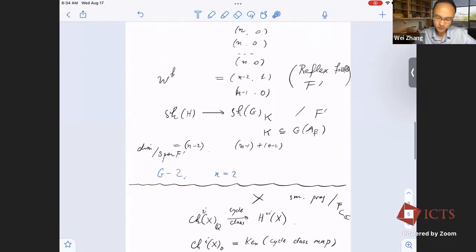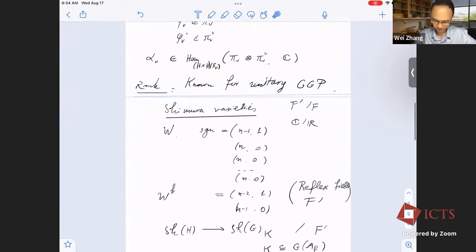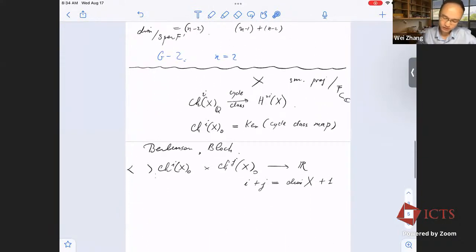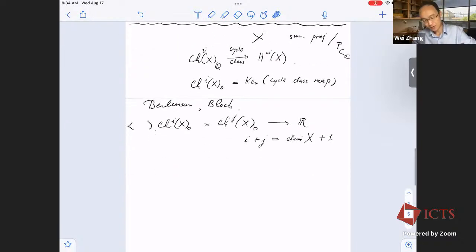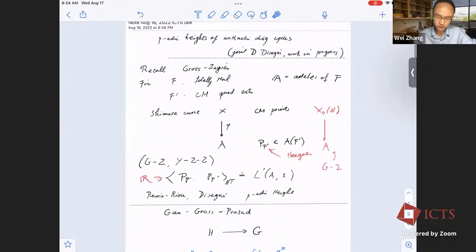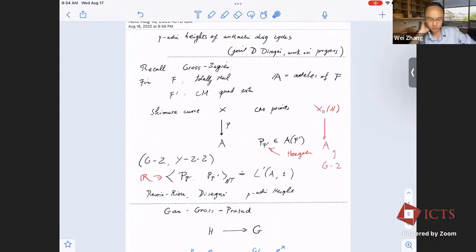You want such a property because, basically, in the case of a Shimura variety, you hope the Chow group, as a Hecke module, is automorphic. This is known in the case of Shimura curves. That's why in the case of Shimura curves, in our work with Xin and Shou, we had a lot of flexibility to change the Hecke correspondence.